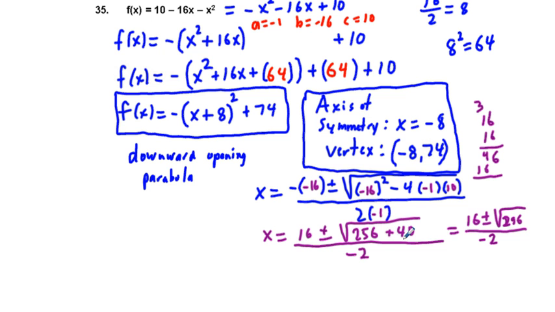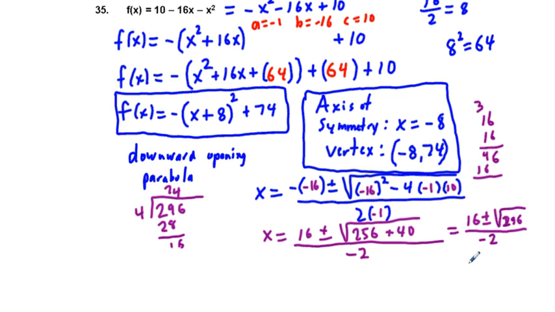We're going to be able to take 4 out of that. 296 divided by 4, we get 7 times 4 is 28, 1, 6, so 74.